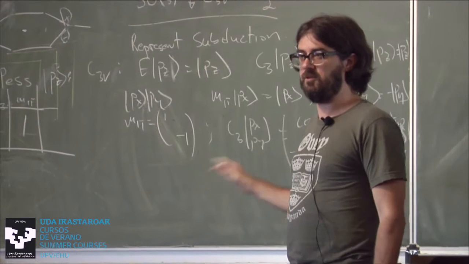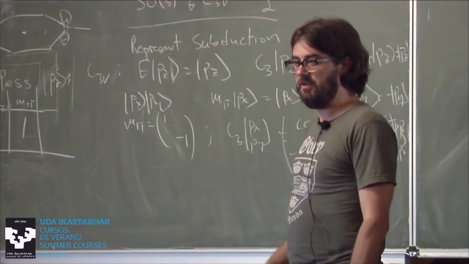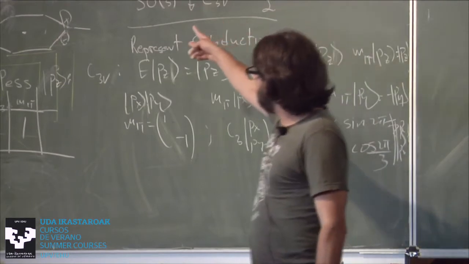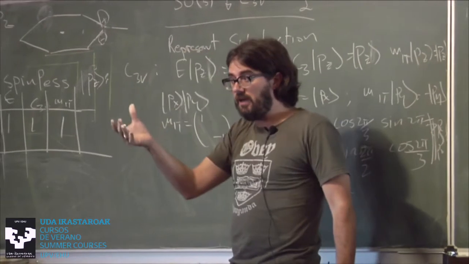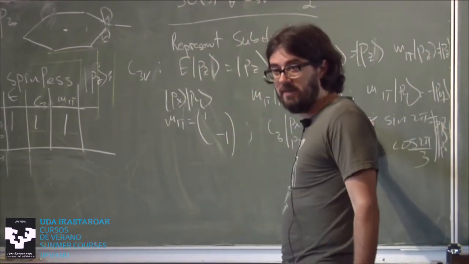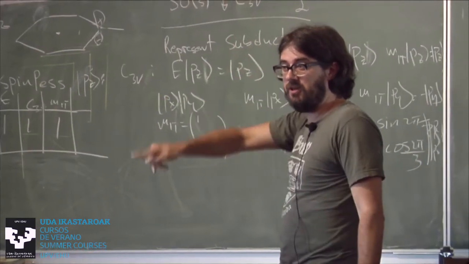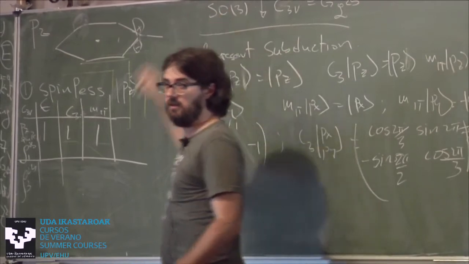Right? Do you believe me? This is just a vector. This is just the matrix of rotation of a vector. That's why it's a subduction. If I was to give you the rotations of SO3 labeled by an angle theta, you'd put the angle equal to 2 pi over 3, and you'd get this matrix. That's why it's a subduction. Does that make sense?